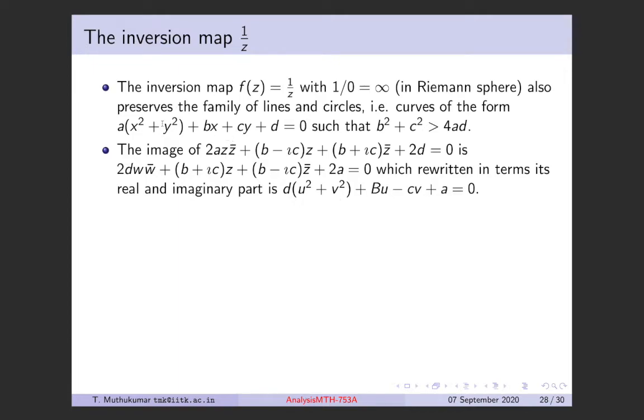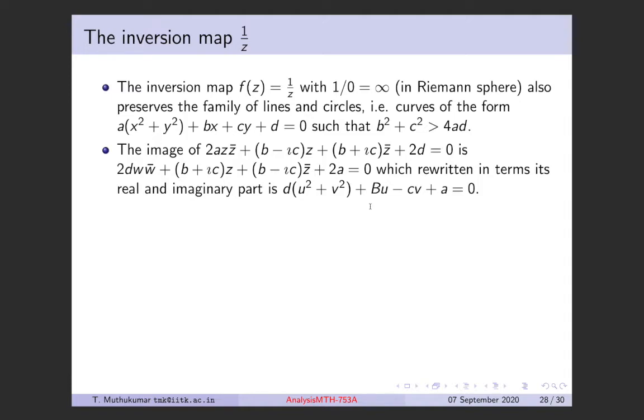So the image of a(x square plus y square) plus bx plus cy plus d equal to 0 is d(u square plus v square) plus bu minus cv plus a equal to 0. Which means that the family of lines and circles gets mapped to itself, right? It is also an equation for lines and circles.